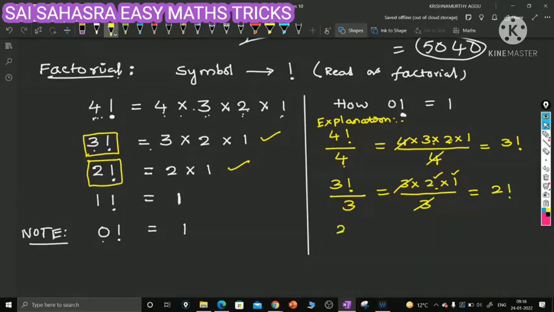Next, 2 factorial by 2. See, 4 factorial by 4, 3 factorial by 3, 2 factorial by 2. 2 factorial means start from 2, reach up to 1 product, and this 2 gets cancelled. That is 1 only. Next, 1 can be written as 1 factorial.